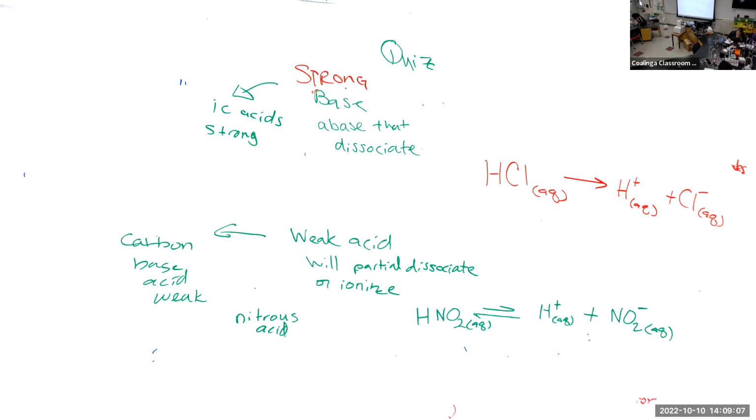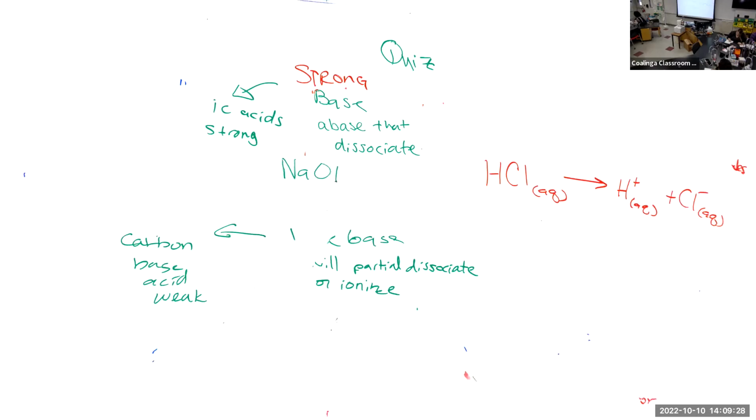A weak base will only partially dissociate. Examples of a strong base are sodium hydroxide. So the hydroxides that dissociate are going to be strong bases. With the group two metals, some of them will dissociate. When we start getting to the transition metals, they don't dissociate. So those would be examples of weak bases, because you don't get a complete dissociation.